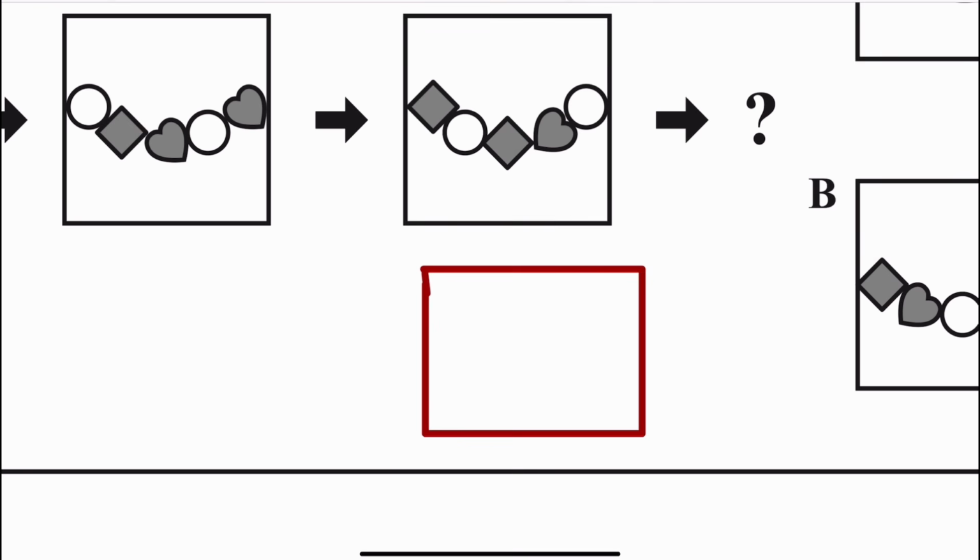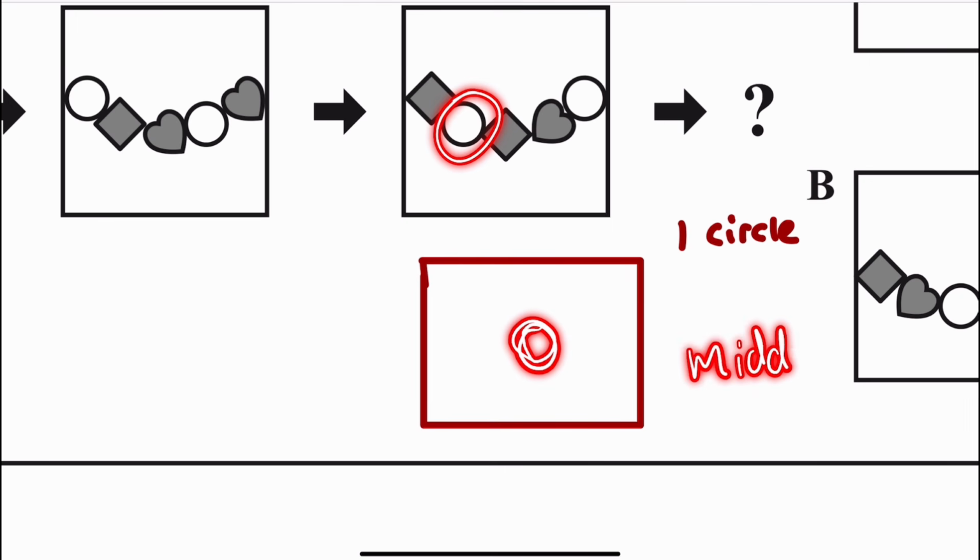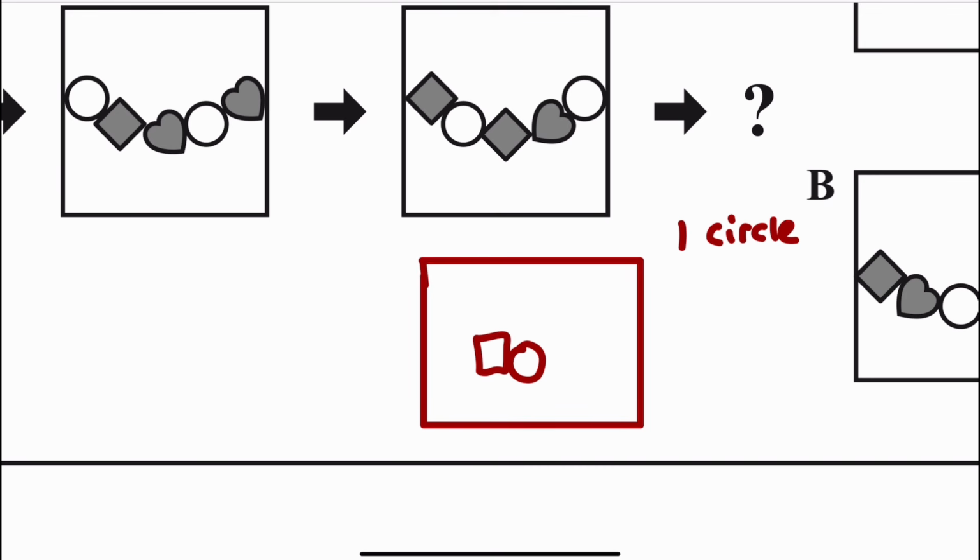It's going to disappear, so we only have one circle. But remember from earlier, all the shapes are moving one to the right. So this circle over here is going to end up in the middle. So let's draw in the middle. And every other shape also moves one to the right. So the square, sorry, it was like a diamond looking shape, ends up like this.